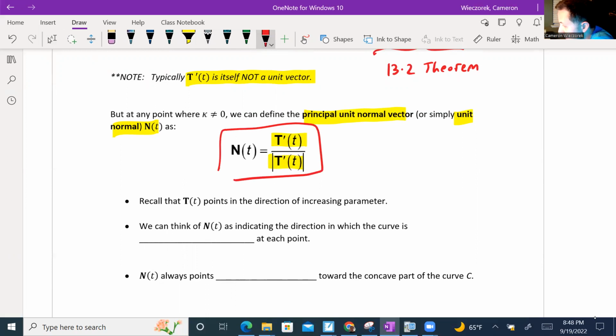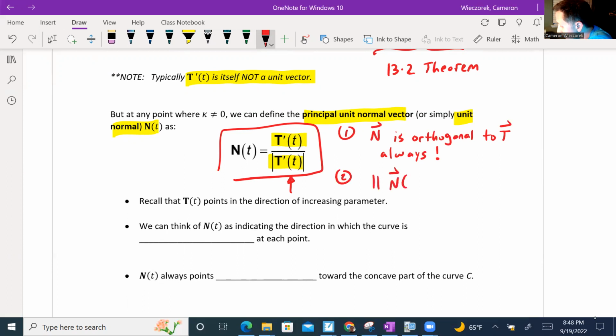A couple things about this. N is orthogonal to T always. You will always form a right angle with your tangent vector and your unit normal vector. Also, this goes without saying, but because this is a unit vector, the magnitude of N of t is always going to equal 1, regardless of what t value you're looking at.